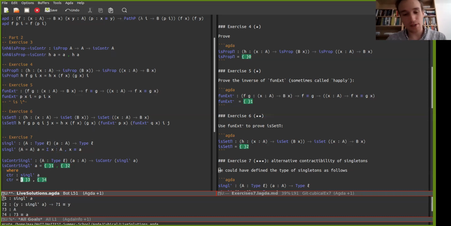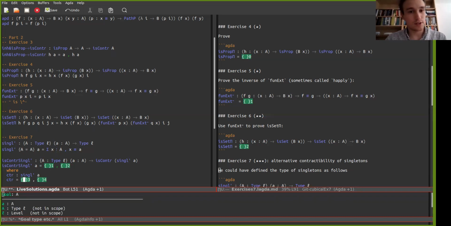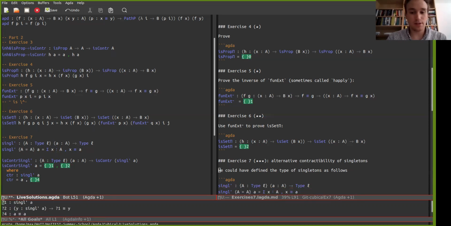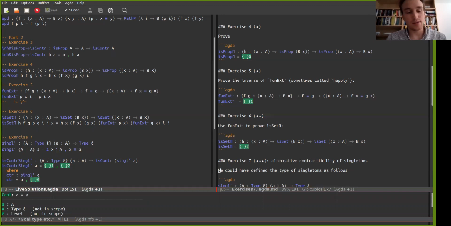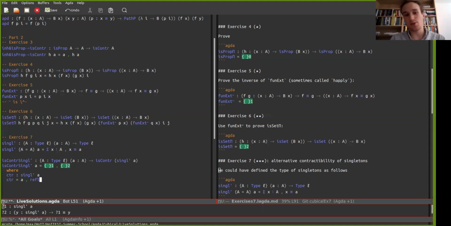Again, this will be a pair, something in A. Well, what can we give other than A? And a proof that a path from A to A, basically there's only one choice we can put in here. It's going to be refl.